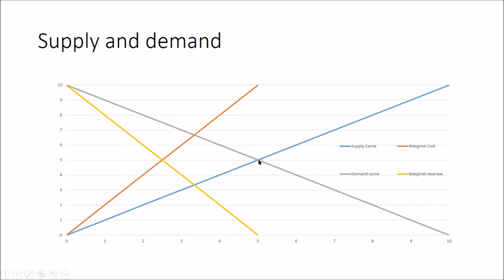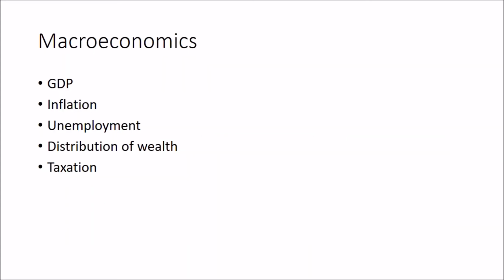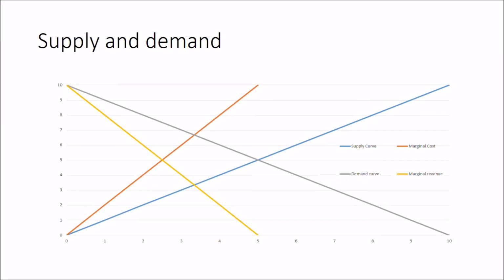Now what you're going to do in the exam is consider where something's going to happen, and consider what that does to the supply and demand curve. So you can draw out the supply and demand curve, using this nice 10-10 kind of approach. That's the easiest way to do it.